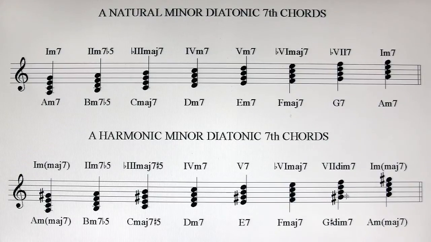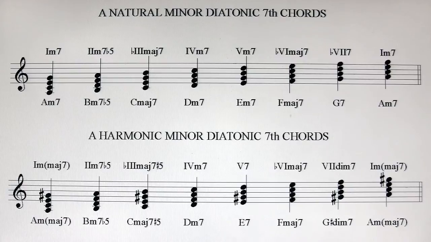From here to here is a minor third interval, from here to here is another minor third interval, and from here through to there is another minor third interval. So from G sharp to B is a minor third, from B to D natural is a minor third, and D to F is a minor third interval. So the diminished 7th chord is built on minor third intervals. And here we have the same chord as our 1 chord, just played an octave higher.